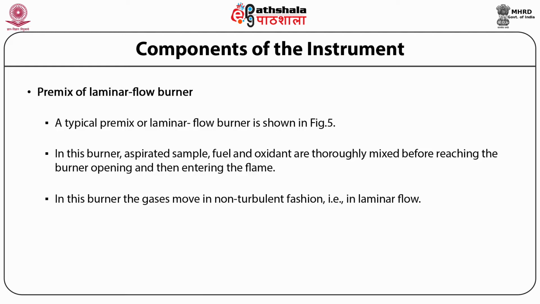The larger droplets from the aspirator impinge on the side of the spray chamber and are drained off. Thus, in this burner, 95% of the sample may be wasted, thereby resulting in a loss of sensitivity. However, this loss must be balanced against the loss of larger droplets.